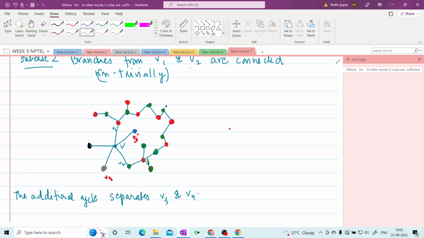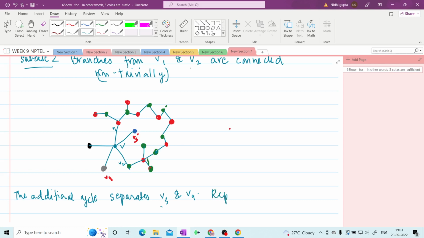We started with alternating vertices, and since it is a planar graph, both V3 and V4 cannot lie in the interior, and by construction also we see that. So this additional cycle separates V3 and V4.